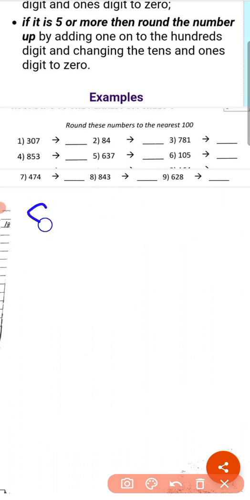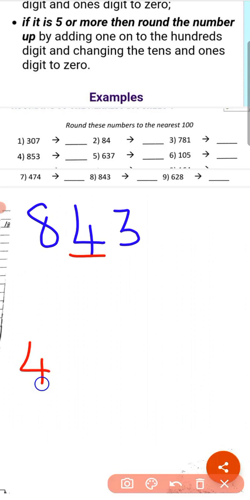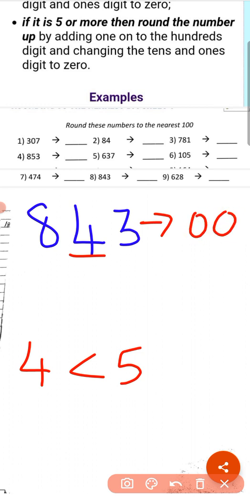Our next number is 843. Check the digit at the tens place, which is 4. 4 is less than 5. So replace the ones digit and tens digit by zeros.